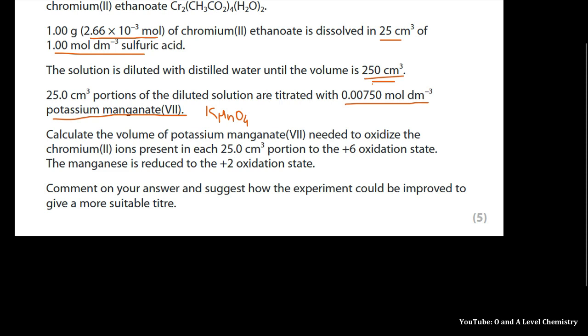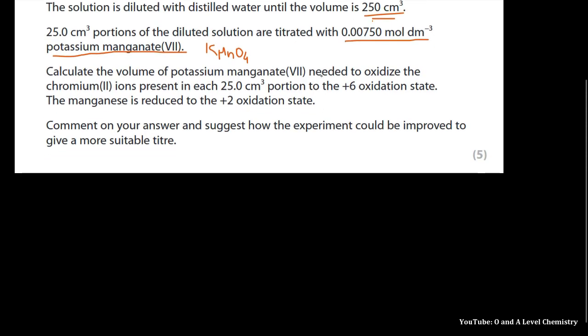Calculate the volume of potassium manganate(VII) needed to oxidize the chromium(II) ions present in each 25 cm³ portion to the +6 oxidation state.